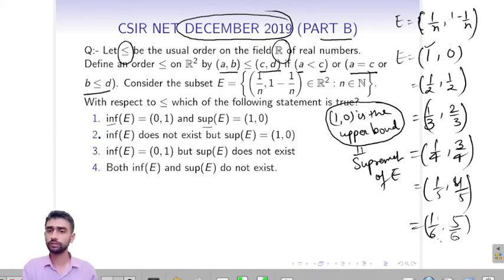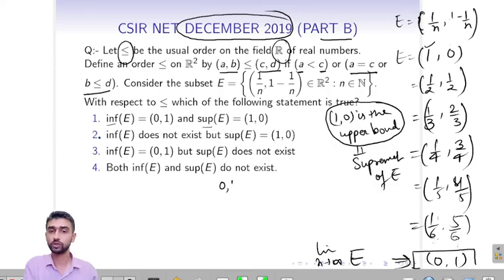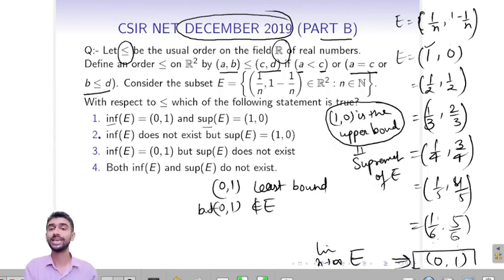Now think of 0. If I keep continuing, I'll tend to (0, 1). I'm not going to reach it, but I'll approach it as n tends to infinity. The set will approach (0, 1). So (0, 1) is a lower bound of the set, but it does not belong to E, it is only approached. So it is not the infimum.